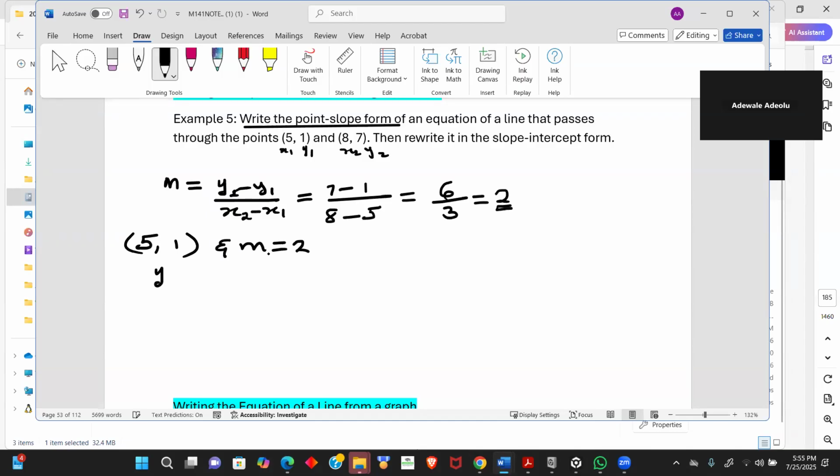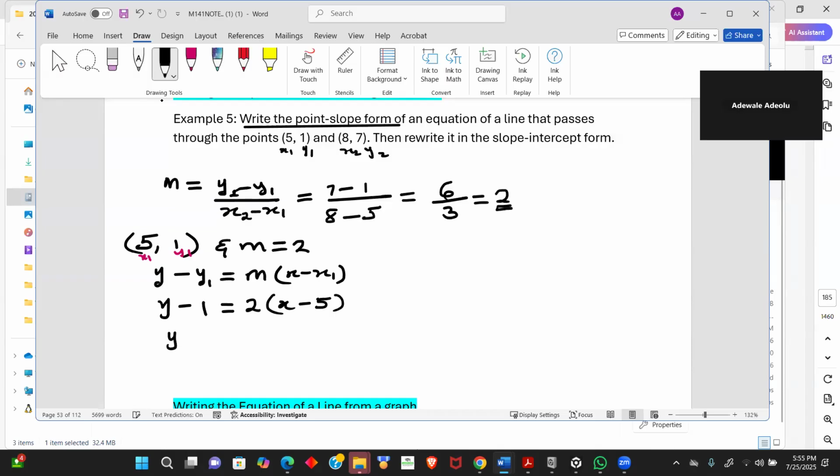So remember, point slope form is y minus y1 equals m into x minus x1. So in this case, this is x1, y1. We have y minus y1, which is 1, equals m, which is 2, into x minus x1, which is 5.